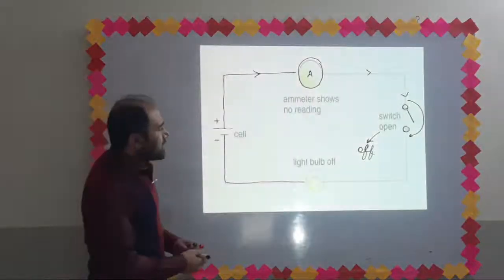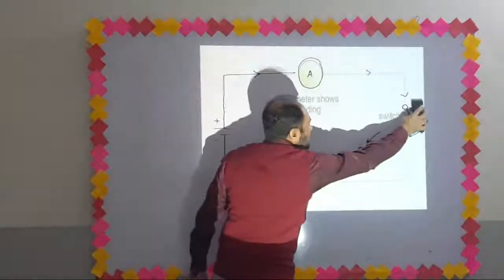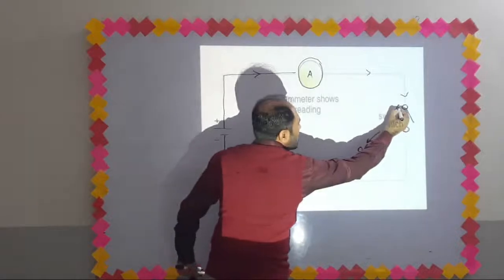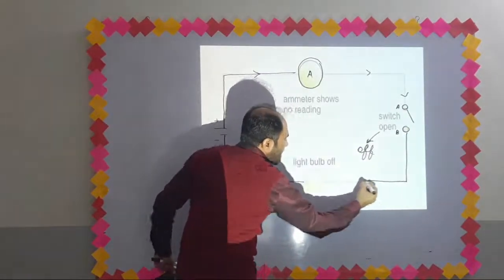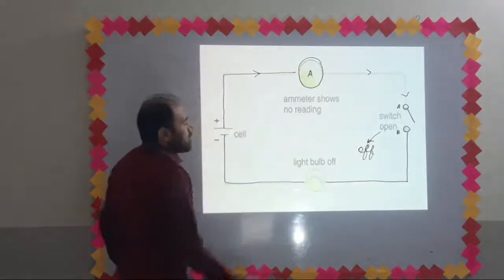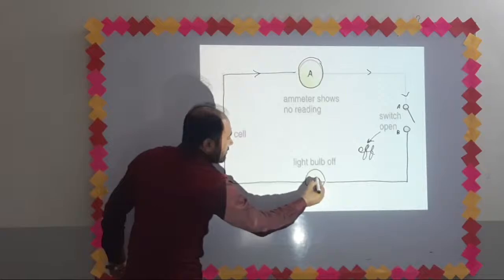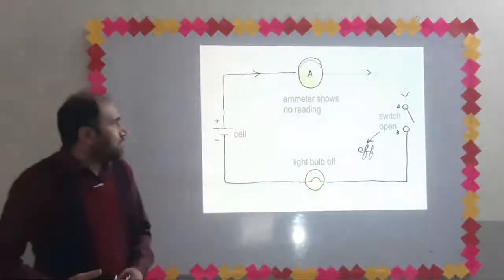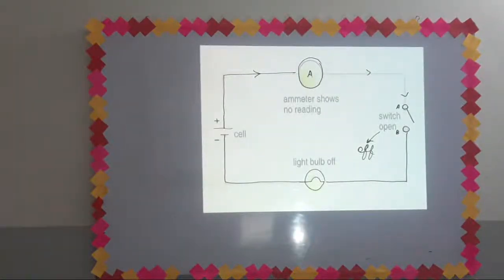So have a look, the switch is off. Current cannot pass from point A to point B, and the bulb will not glow. This is the circuit diagram for an open circuit.